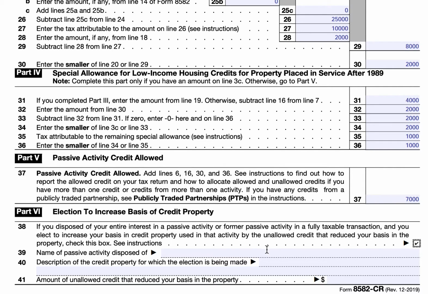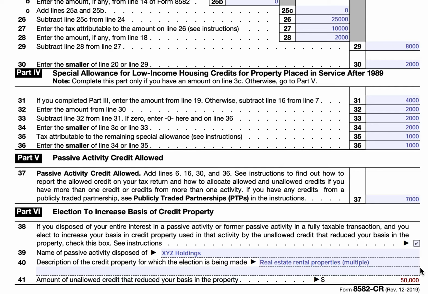So you can check this, and then you would say what the name of the passive activity was that you disposed of, and you would say what the description of the property was, real estate rental properties, multiple, for example. And then you would say this is the amount of unallowed credit that reduced my basis in the property, whatever, $50,000 in this case. So that's how you would elect to increase the basis of credit property that you still own.